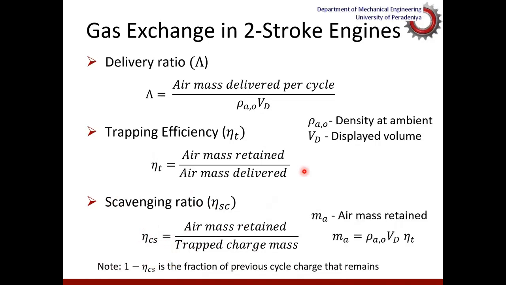On the other hand, if you say mass retained in the system is m_a, then m_a would be the trapping efficiency times the amount of mass that could have been induced into the system under standard ambient conditions. That is rho of ambient air multiplied by the displaced volume.